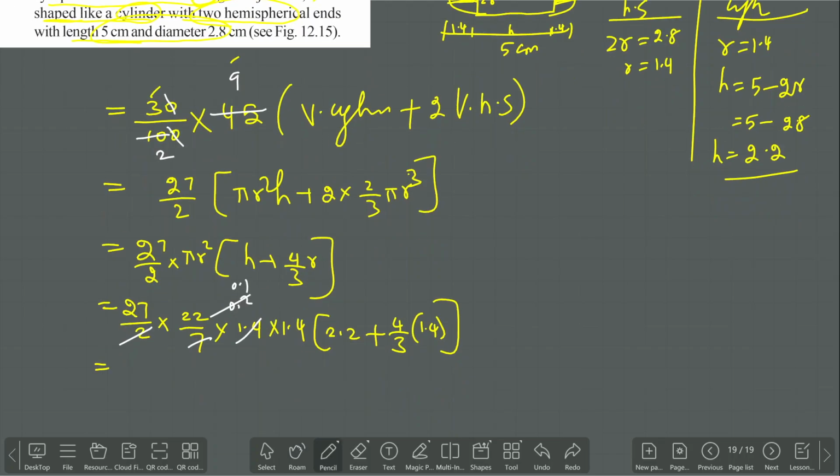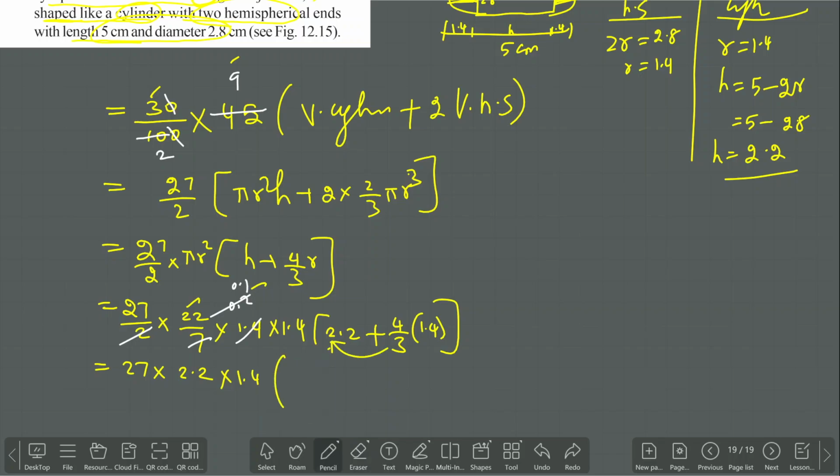Now here I have 27 as it is. 22 into 1 same 22, but after 1 digit we have to give point. Into 1.4, that 2.2 as it is. Instead of 2.2 as it is, we can multiply this 3.